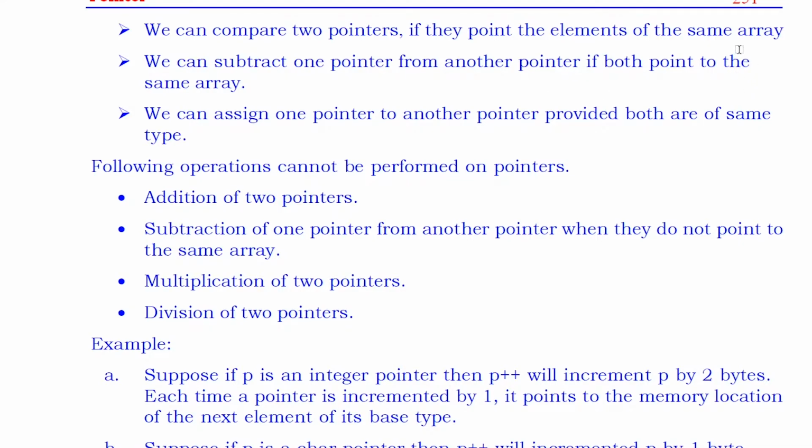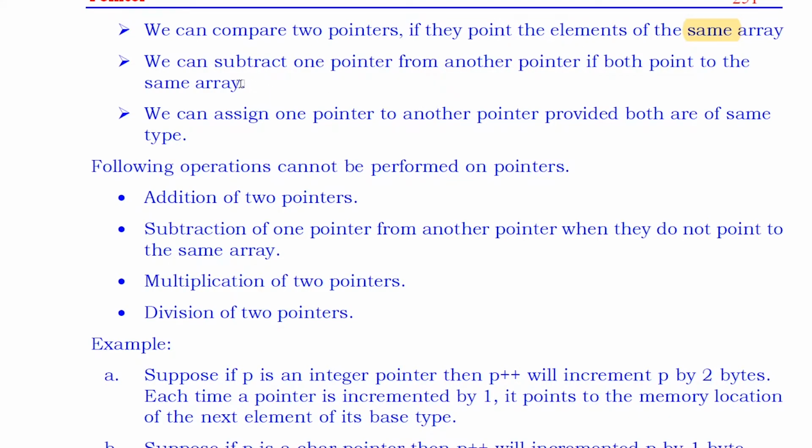Hence you can compare these two pointers, provided they both are pointing to the same array. That's very important. There may be many pointers, but two pointers must point into the same array, or contain addresses of elements of the same array. Then you can compare them, whether less than, greater than, something like this. We can compare two pointers.